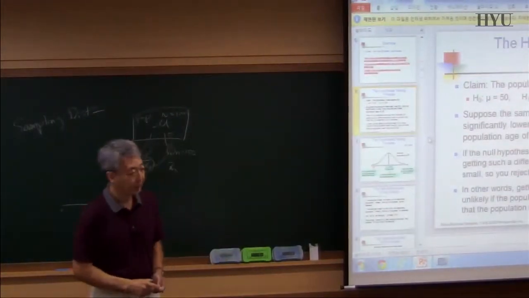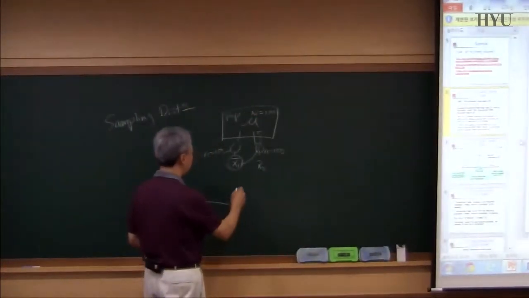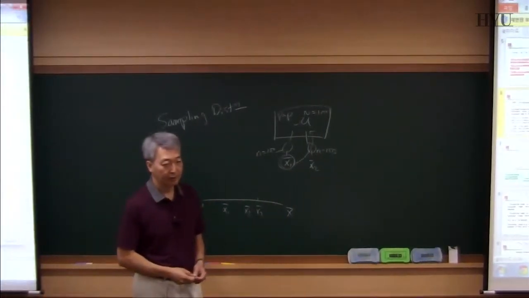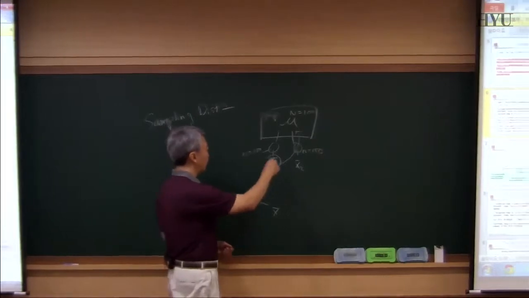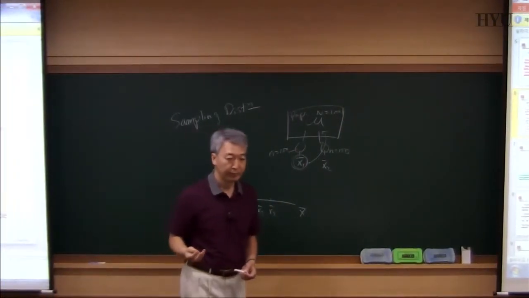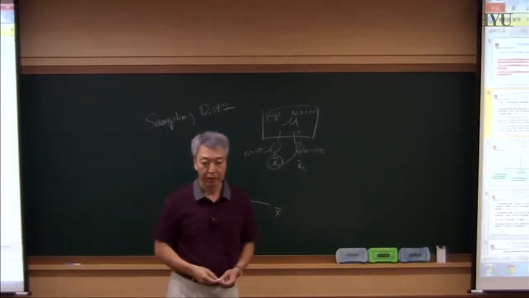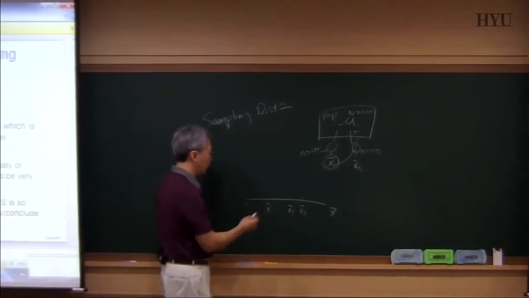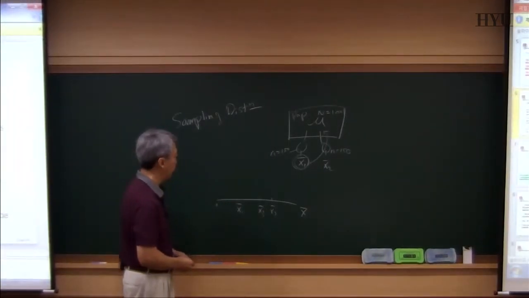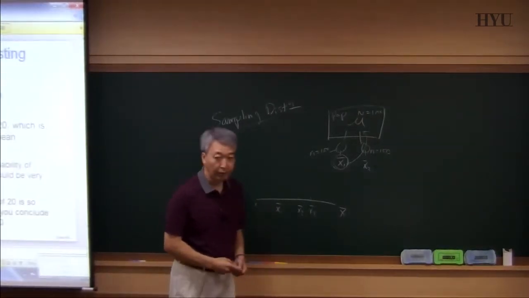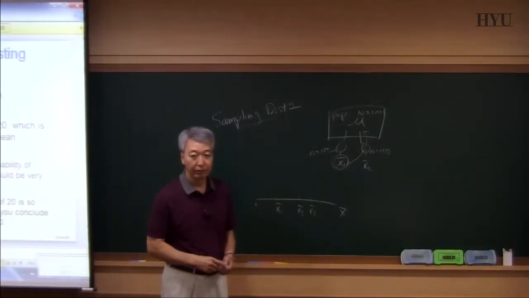Again, the sample statistic could be mean or standard deviation or proportion, whatever represents the unknown population parameter, population mean, population standard deviation, or population proportion, and so on. So we can think about the distribution of sample means, which we call sampling distribution. Can you hear me all right from the back? Is this microphone working? Okay, good.